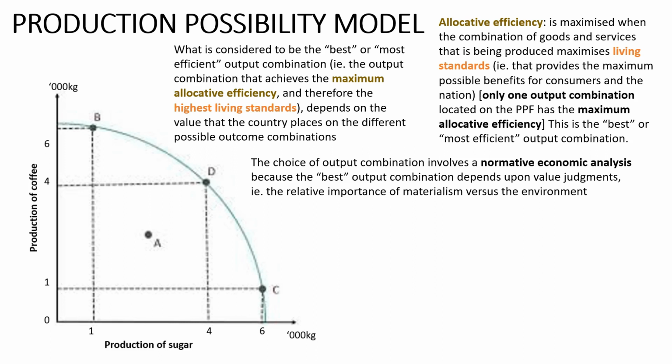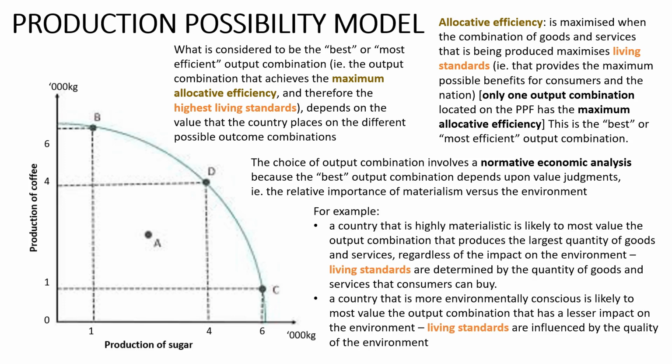This is because the best output combination depends upon value judgments, such as the relative importance of materialism versus the environment. For example, a country that is highly materialistic is likely to most value the output combination that produces the largest quantity of goods and services, regardless of the impact on the environment.